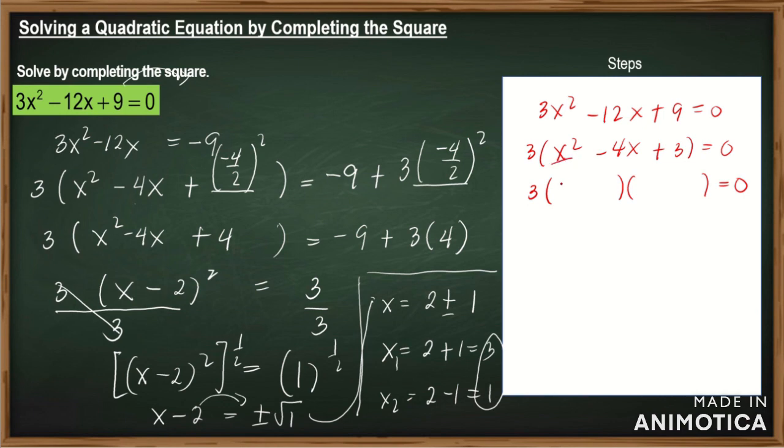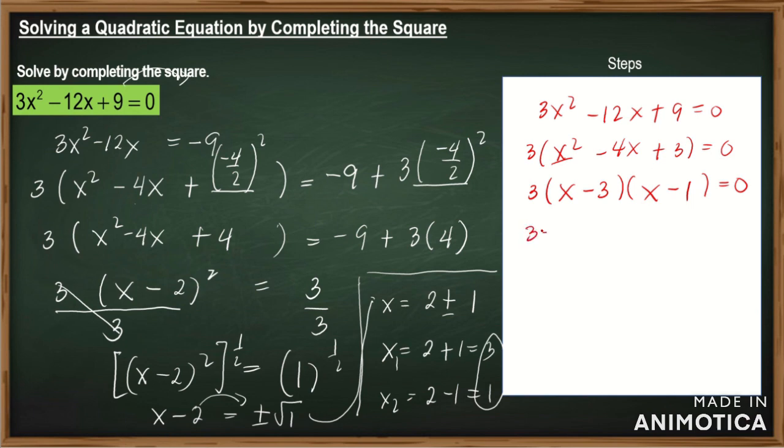So, factors of x squared are x and x. Factors of positive 3 which, when added, the sum is negative 4, are negative 3 and negative 1. Why? Negative 3 times negative 1 is positive 3. Negative 3 plus negative 1 is negative 4. Then we apply now the zero product property.